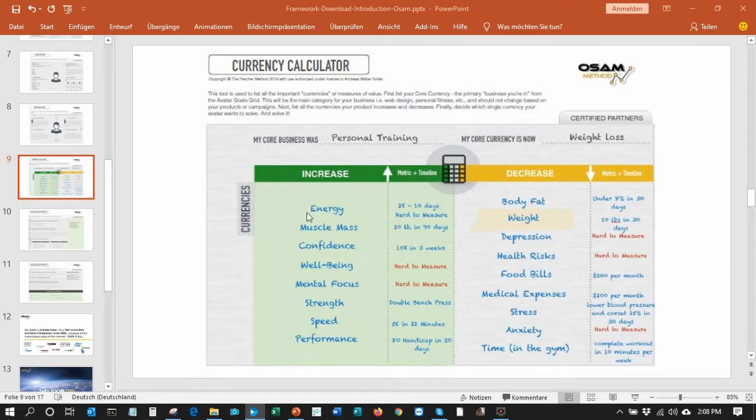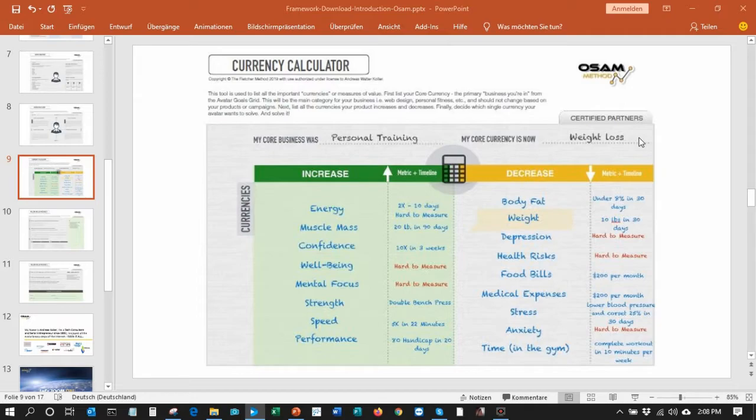Now when we look at the currency calculator, I think it's important to know where we are heading, what the result from filling out this framework will be. It is all about finding the so-called core currency.